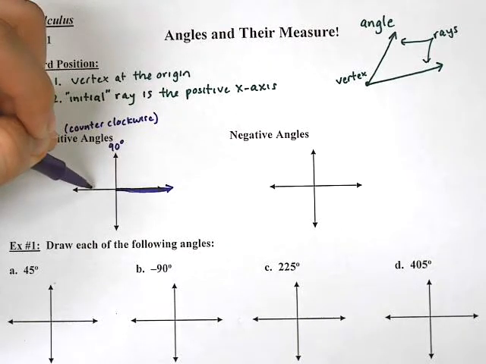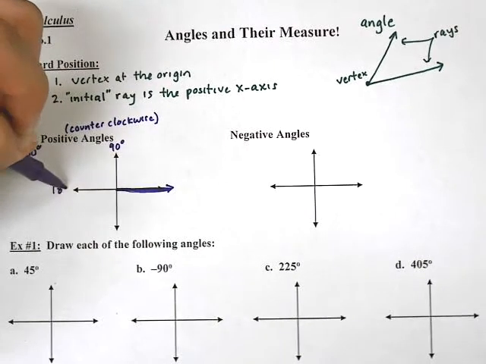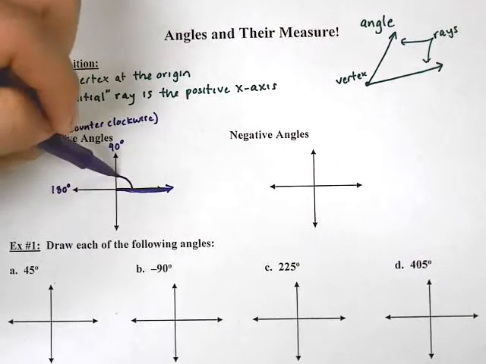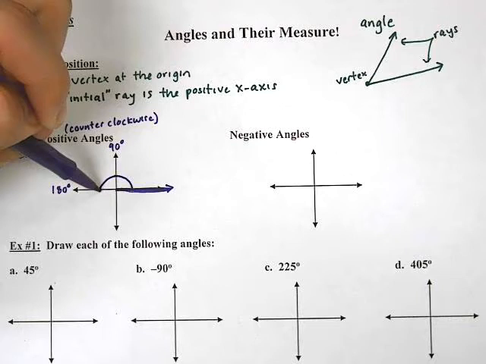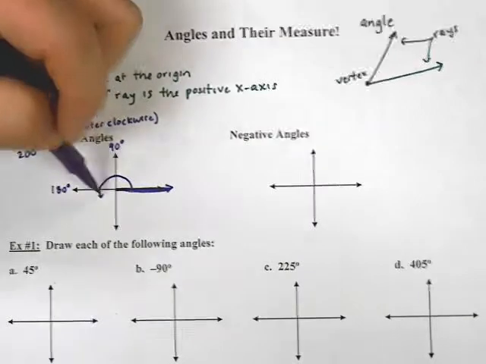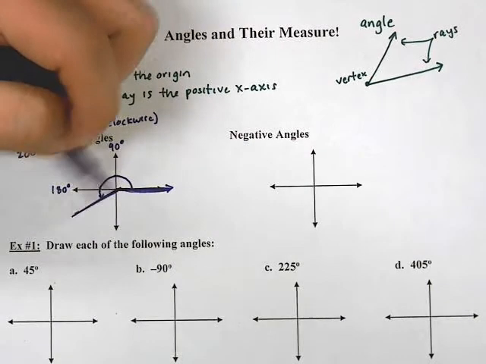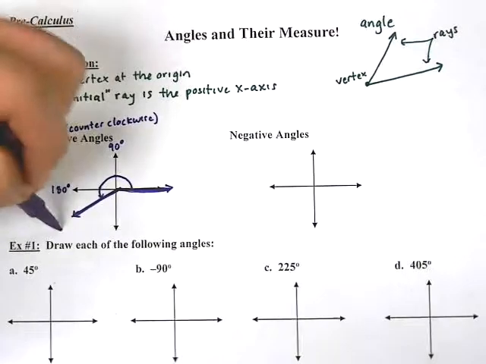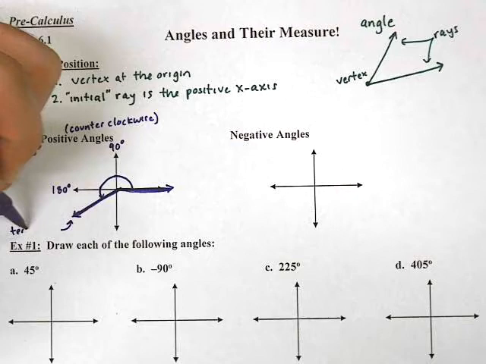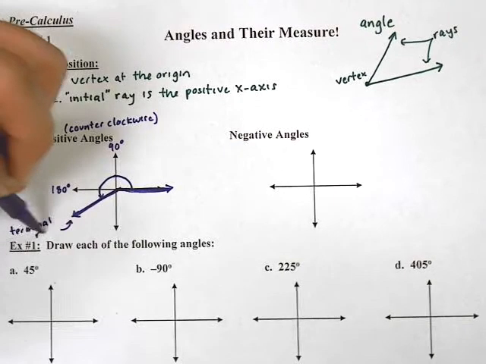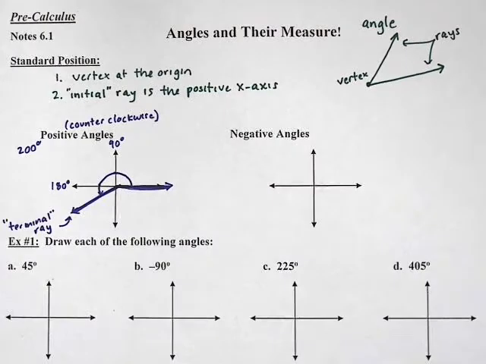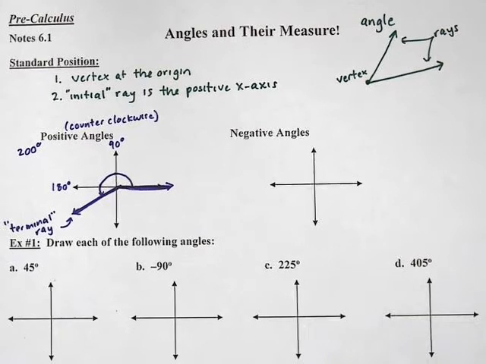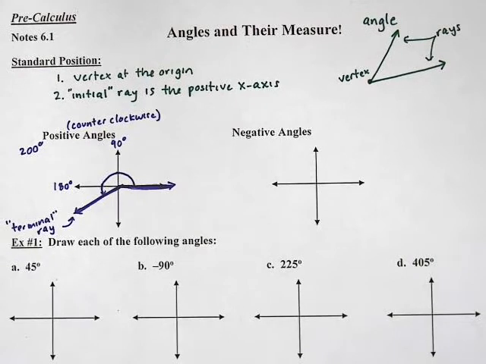We'd go past here, this is 180 degrees, and then we'd need an extra 20 degrees, so maybe something like right there. Then we would draw what we call the terminal ray. Why terminal? Terminal, end. Like at the airport, terminals, that's the end where you catch a plane.